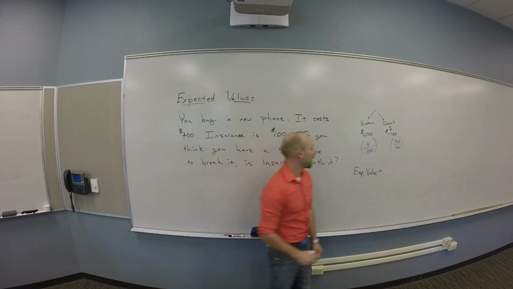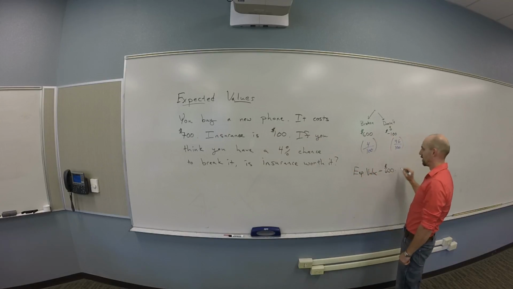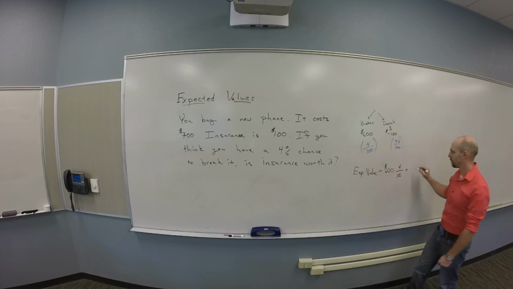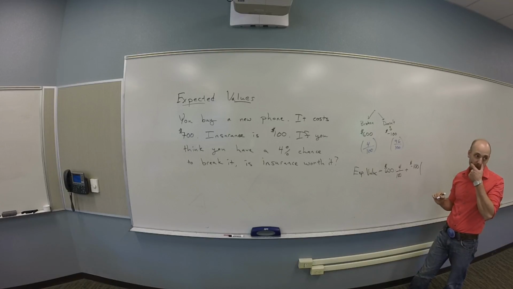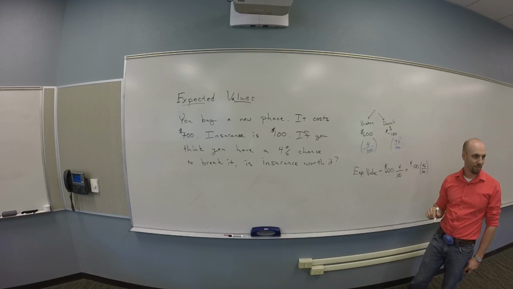So, I think I have $600, right? Times the 4% chance I break it, plus the minus $100 times the 96 over 100 times I don't break it, right?